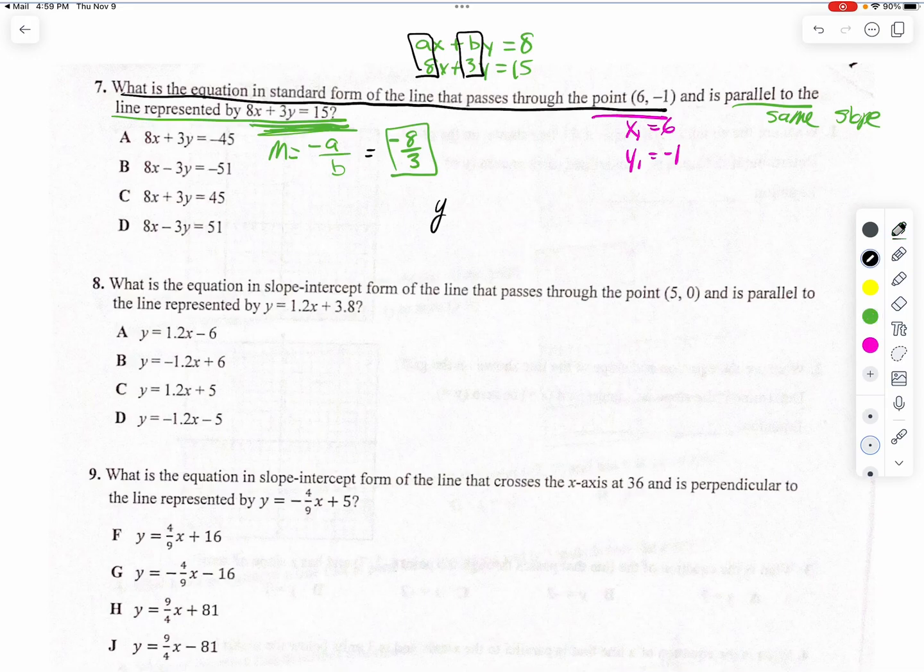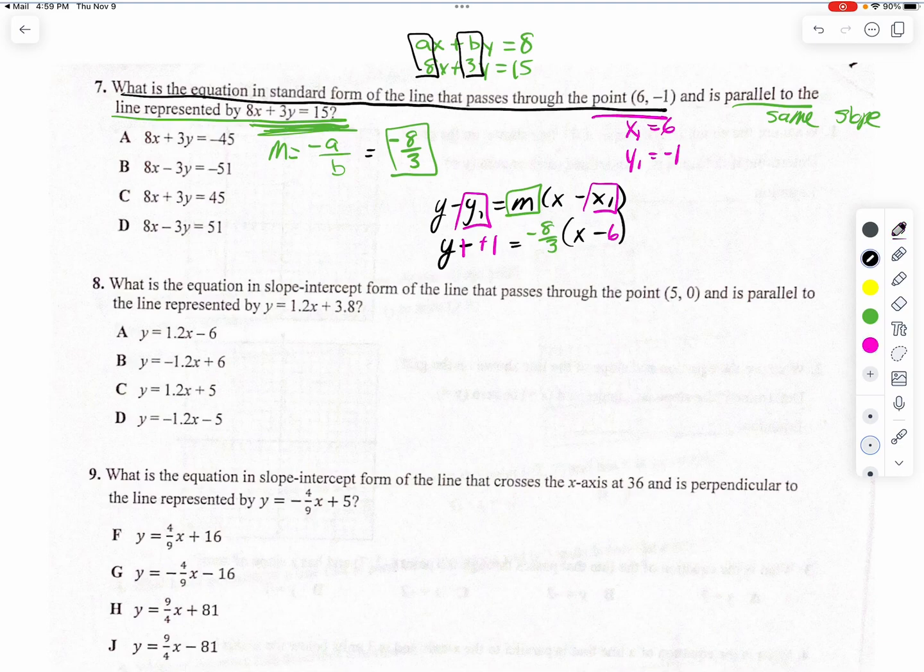Now it's just about plugging it into y minus y1 equals m times x minus x1. Don't forget, we already have our x1, y1. We just have to plug it in. And then we have our slope, negative 8 over 3. So y minus negative 1, remember that just means plus 1, equals negative 8 over 3 times x minus 6.